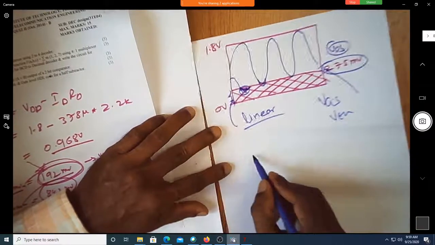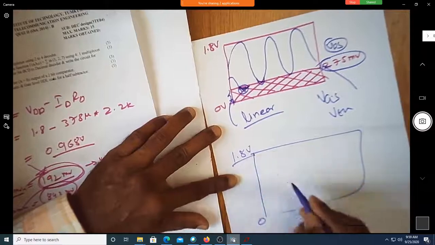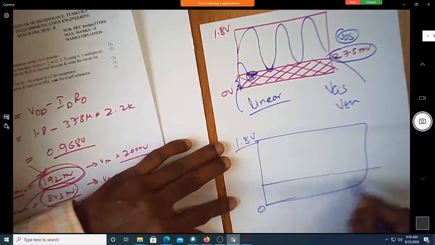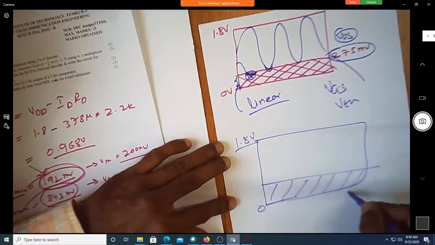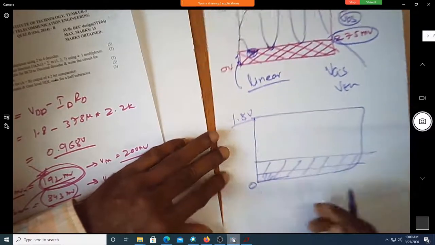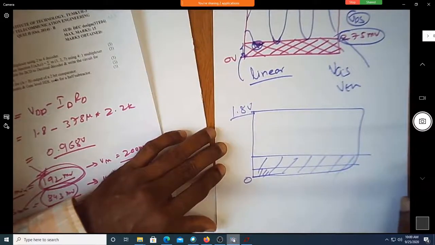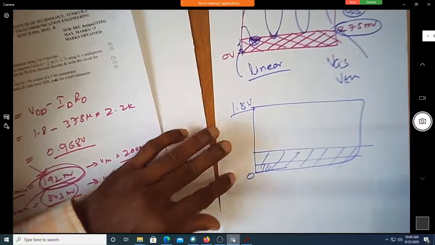So basically, out of this 0 to 1.8 volt, would you like to have more space dedicated for your MOSFET to keep it in saturation, or would you like to have less space? The space to oscillate more.